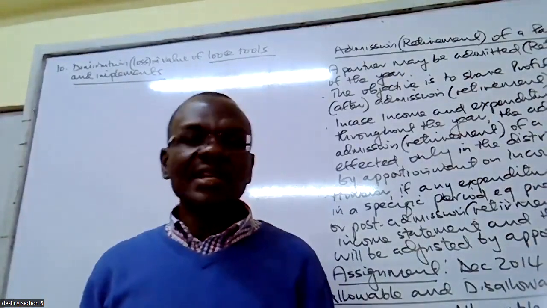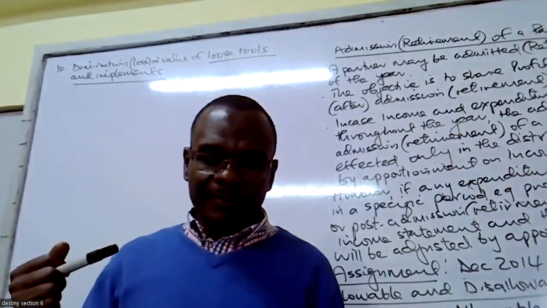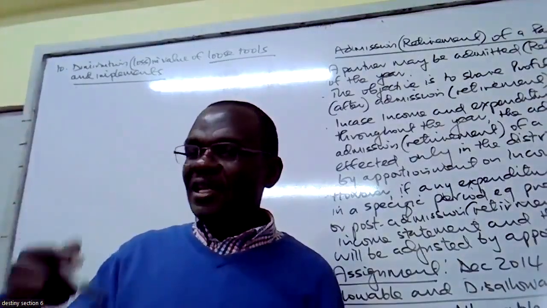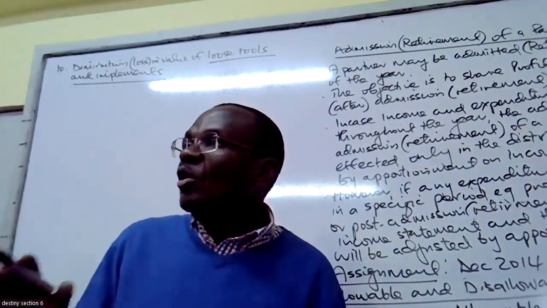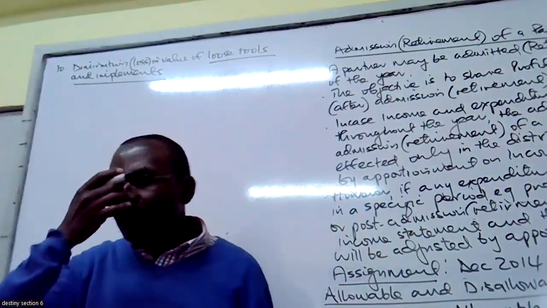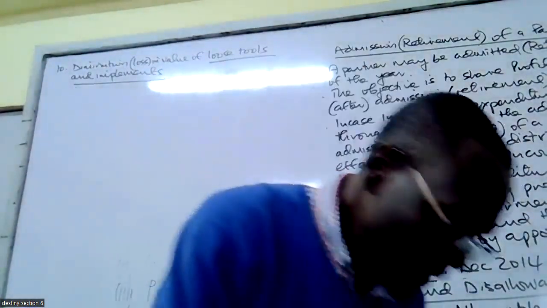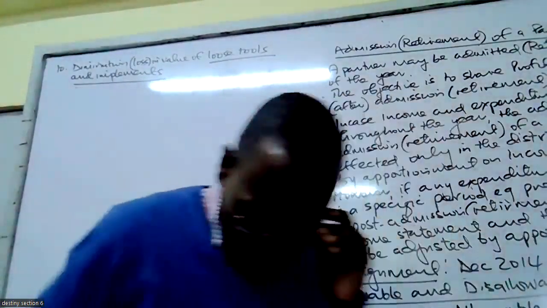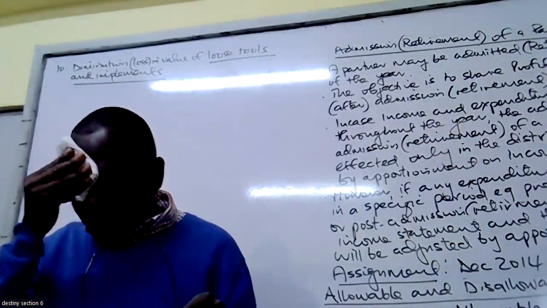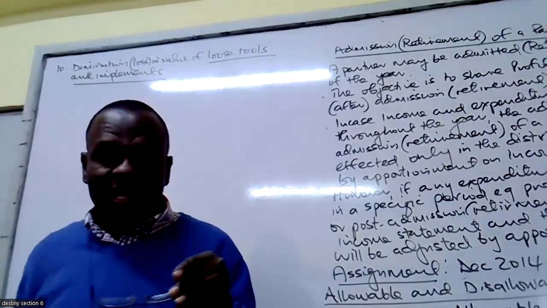Then number 18, any amount of loss brought forward from the previous year, as long as the loss is offset or written off against the same source that generated the loss. So the amount of loss brought forward from the previous accounting year would be allowable as long as it is brought forward against the same source that generated the loss.